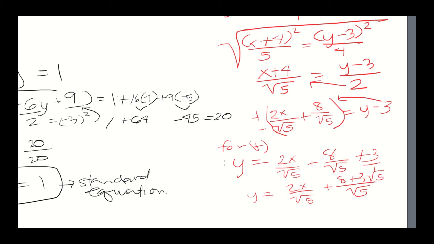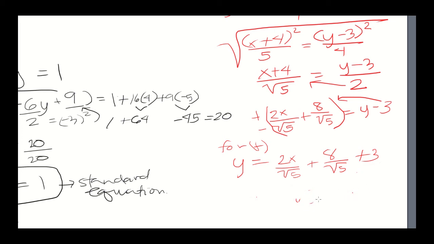Or we can have this, so it will not be so confusing. Plus over 1 square root of 5 times 3 square root of 5, so that it will not be too confusing, so we will just use this one. This is for the positive sign.